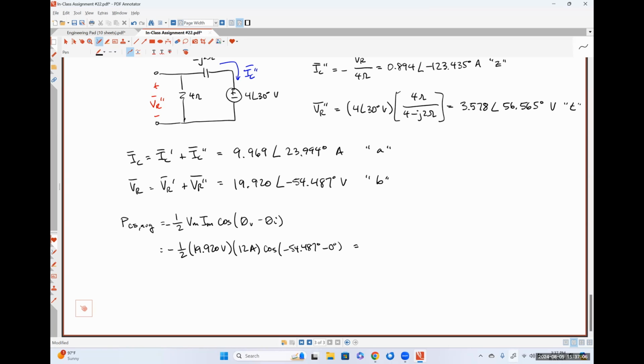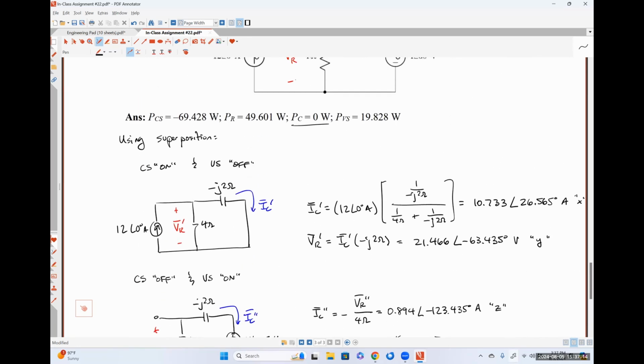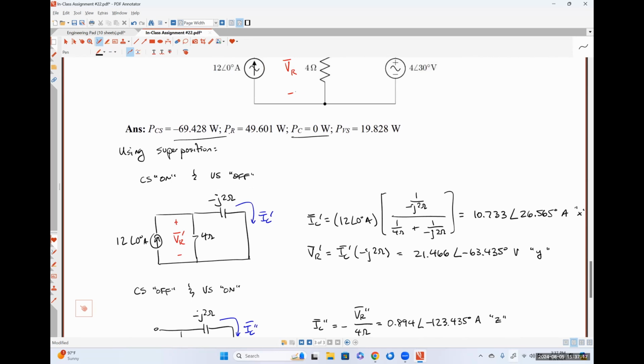I got negative 69.428 watts. Let's just check. Seems okay.